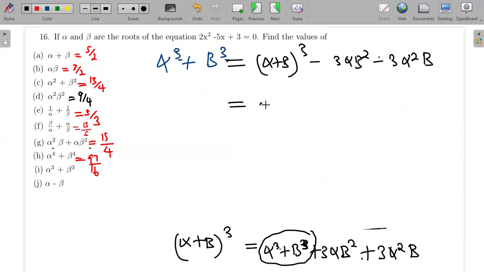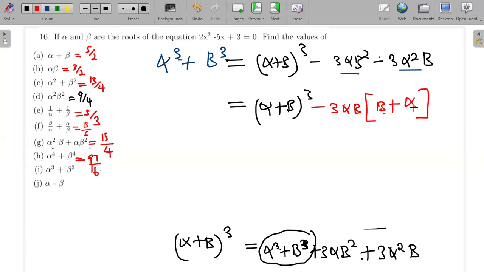And then what is common between these two terms here? We see that what is common is the minus 3 alpha beta. Then what do I remain with when I remove the minus 3 alpha beta? I remain with the beta here, plus the alpha. So this beta plus alpha, we know that it's the same as alpha plus beta.